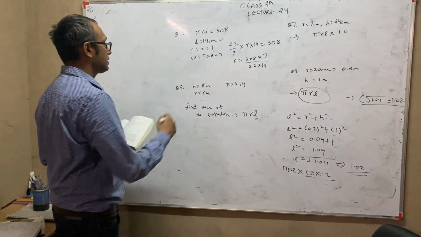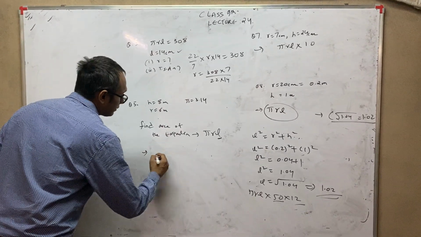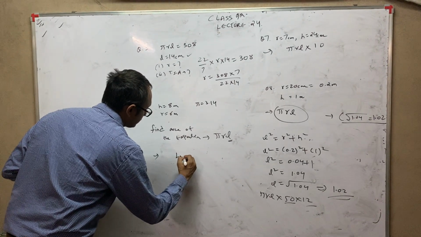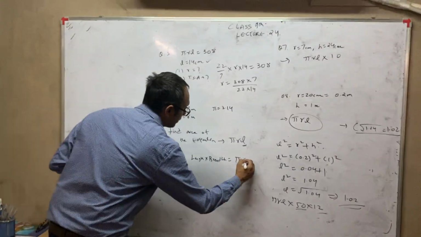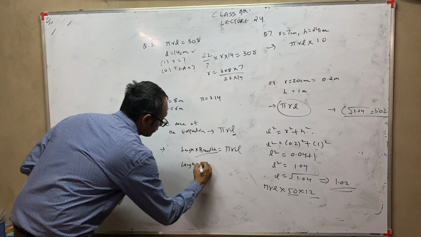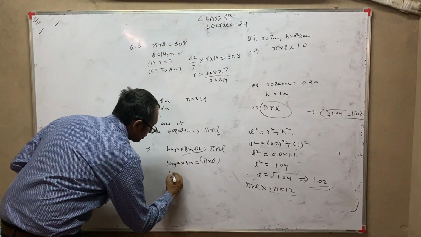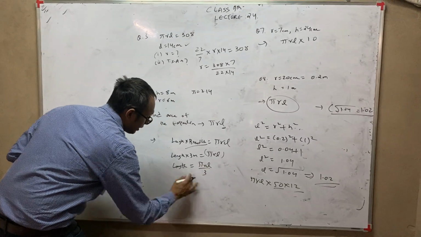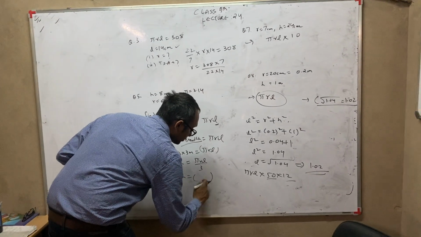So using r and h you can calculate L. Once you calculate L, last step now I will write length into breadth is equal to pi r L. Now instead of breadth you write 3 meters. Here whatever value you have calculated, now you take this 3 meter down. Okay, and now whatever answer is there, that is your length. Okay, you will get this in decimal, so get it.